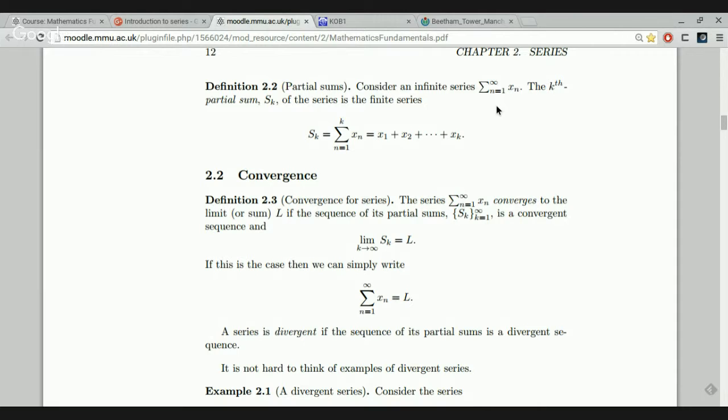The partial sum Sk, the kth partial sum, is what you get when you add up the first k elements of the series. Sk is equal to the sum from n equals 1 to n equals k of xn, so that means x1 plus x2 plus x3 all the way up to xk. That's a partial sum.